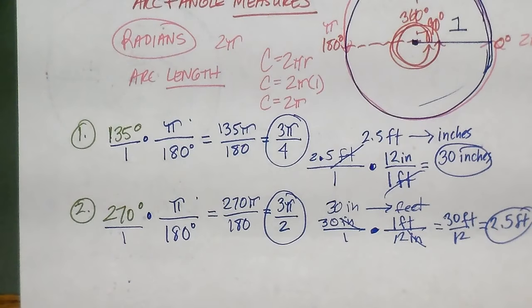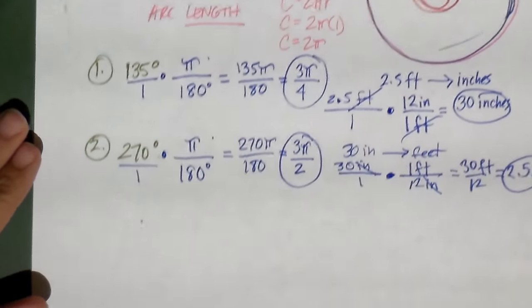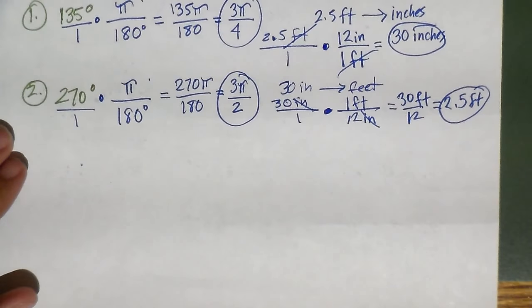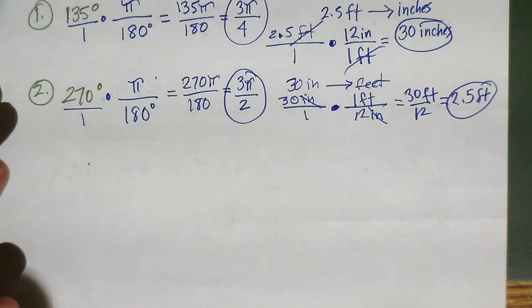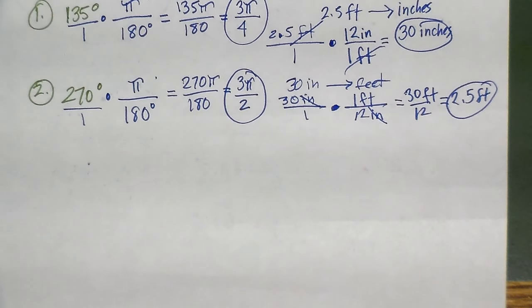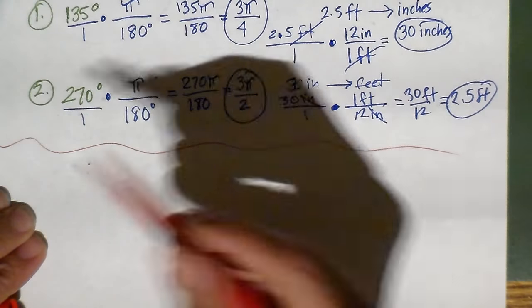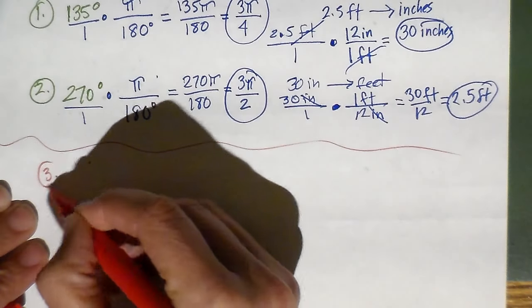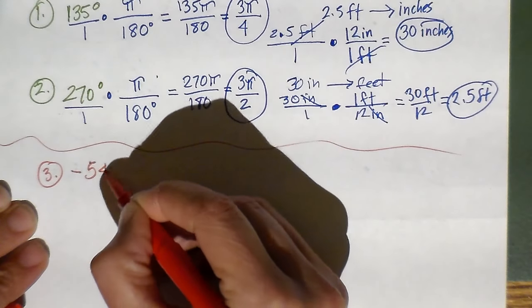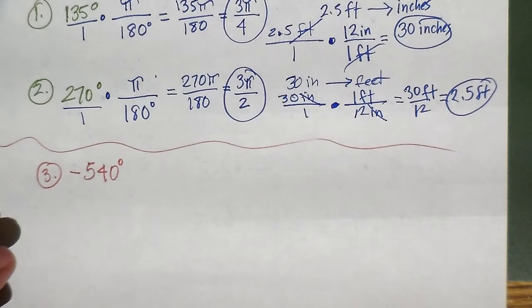Okay? Now, one thing that we need to talk about is negatives. And I'm going to do some negatives here. You can have negative degrees in a circle. Not that you're measuring negative degrees, but it's directional. What if I wanted you to convert negative 540 degrees to radians?